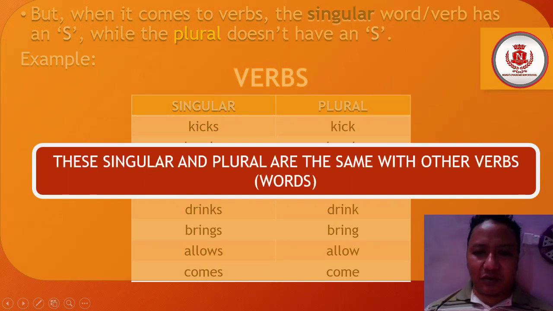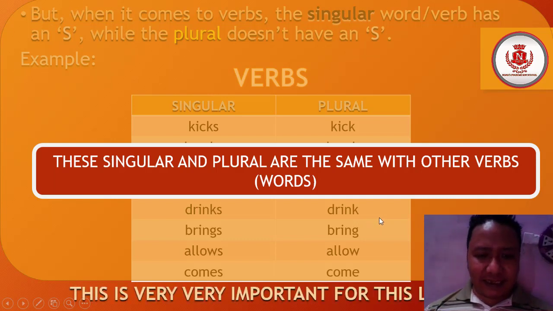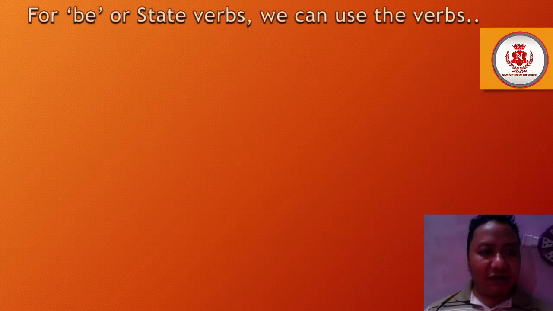And these singular and plural are the same with other verbs or words, right? And this is very, very important for this lesson, subject-verb agreement, right? For be or state verbs, we know what be or state verbs are, right?